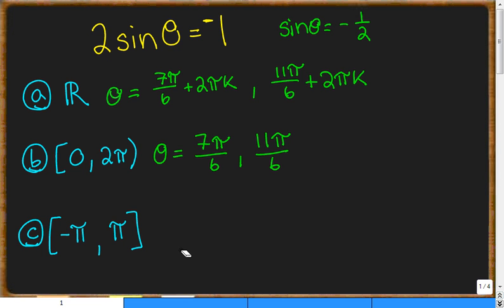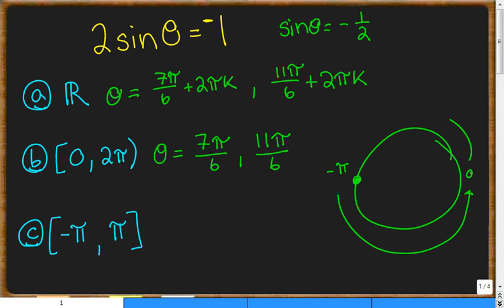So this one is negative pi to pi. So we are now going this way. Negative pi all the way to 0, and then all the way back to pi. So we're still counting about the same distance, the same number of angles, just in a different order. So we've got to figure out how to make this answer work for us.